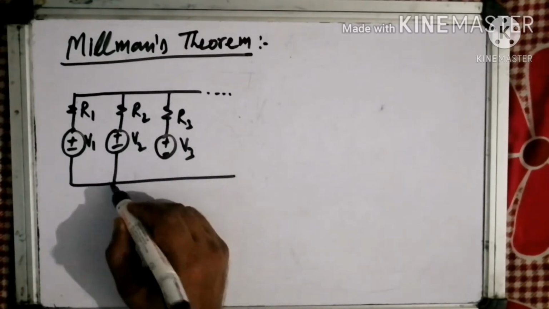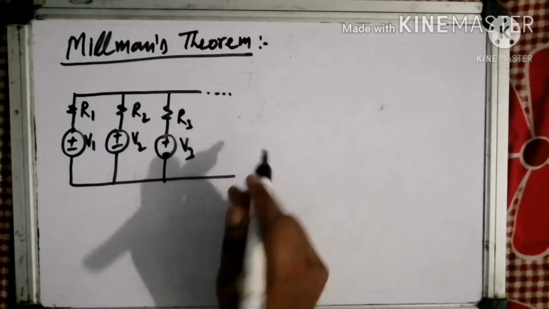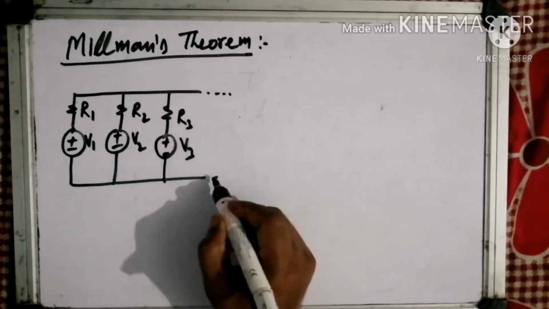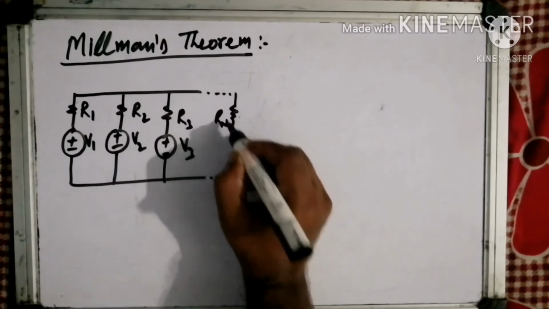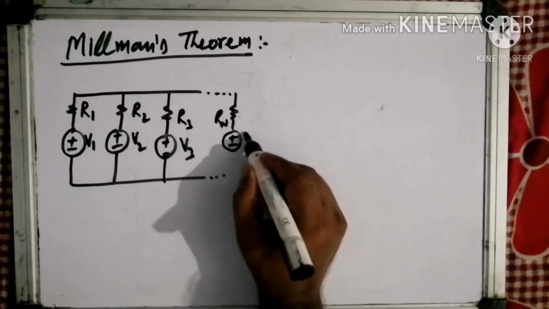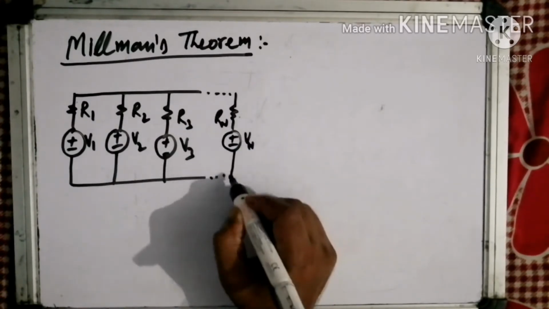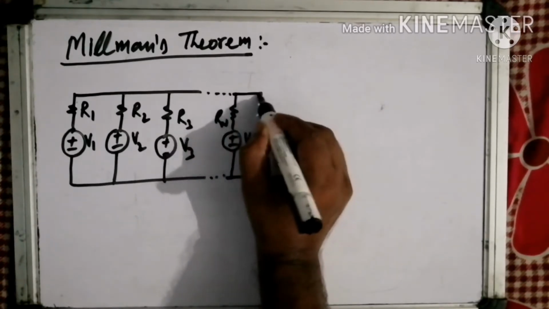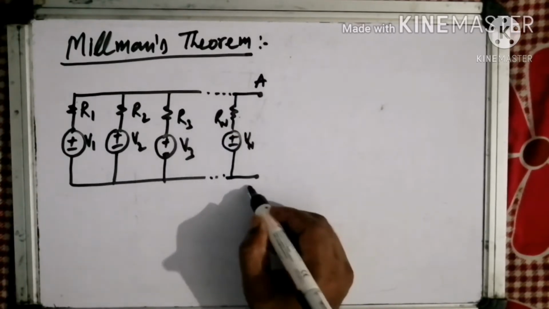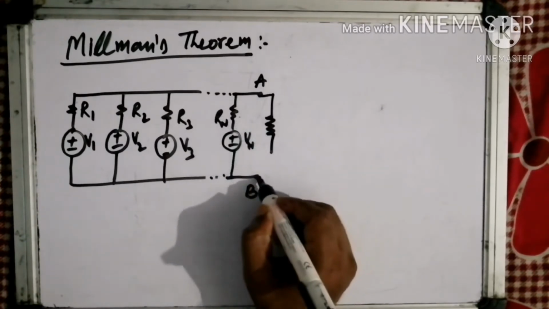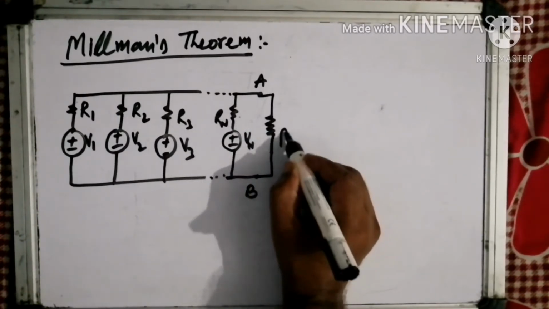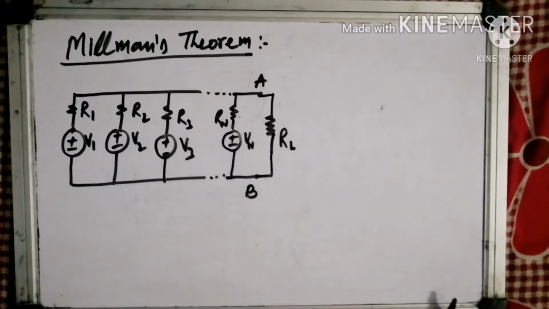All these voltage sources are connected in parallel. This one is the nth, that is Rn, and voltage is Bn, and after that these are the 2 points across which load resistance is connected.